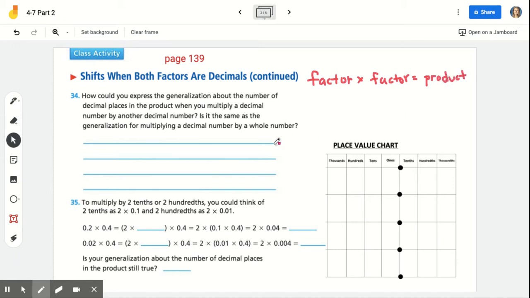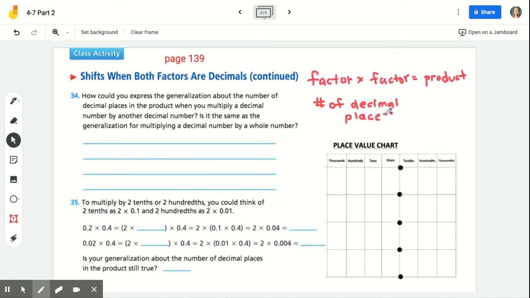Okay, do you have that written off to the side in your book? And remember, the rule is that the total number of decimals, so we're going to put a number sign here, number of decimal places for both of our factors.